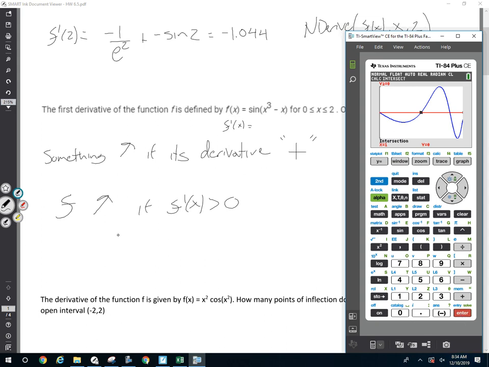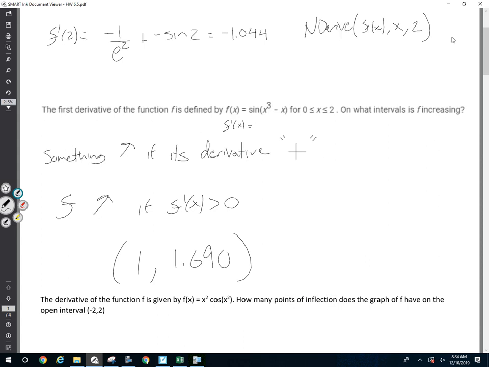I see there's one intersection at 1. Second calc intersect. I'll find my other intersection over here. All these values are positive. And I got 1.690. That's my answer. F is increasing if f prime is positive. Here, f prime is positive.